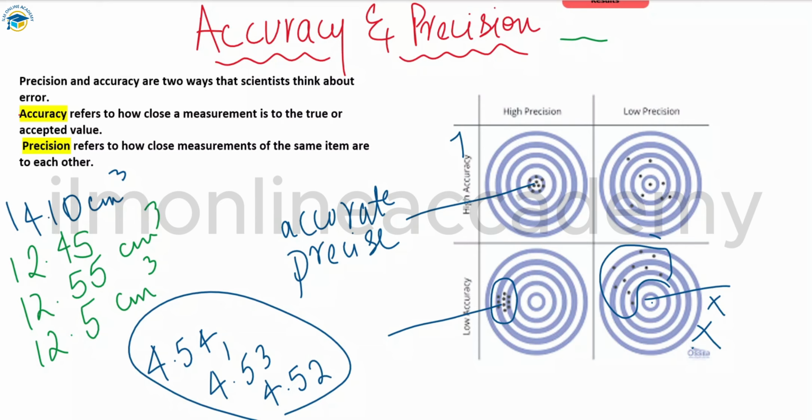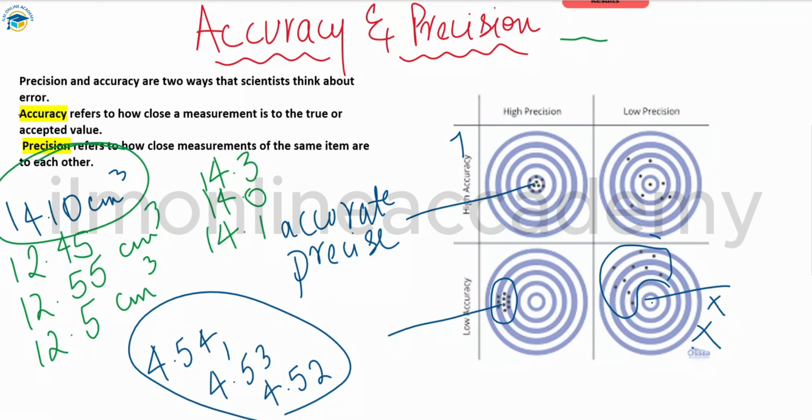Another student also records values of 14.3, then 14.0, and then 14.1. So this data is not precise as the repeated values show a larger difference between them, but it is accurate, more accurate, as it is closer to the true value, because the true value is 14.10.